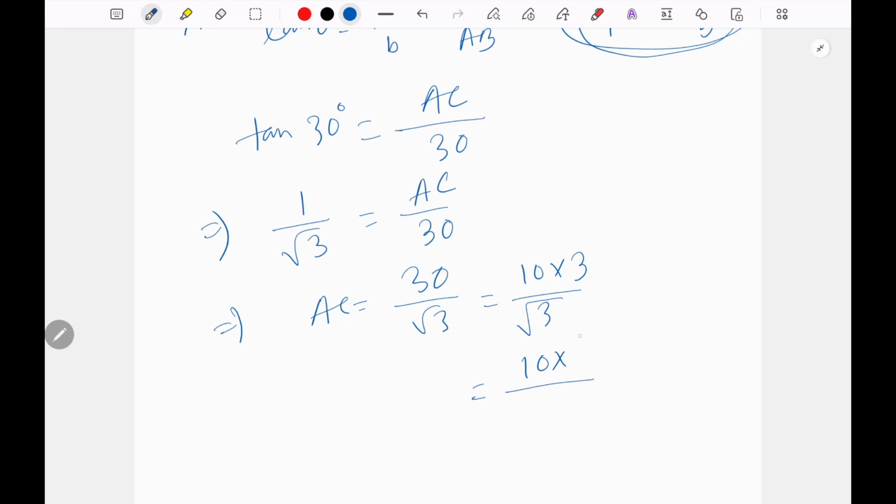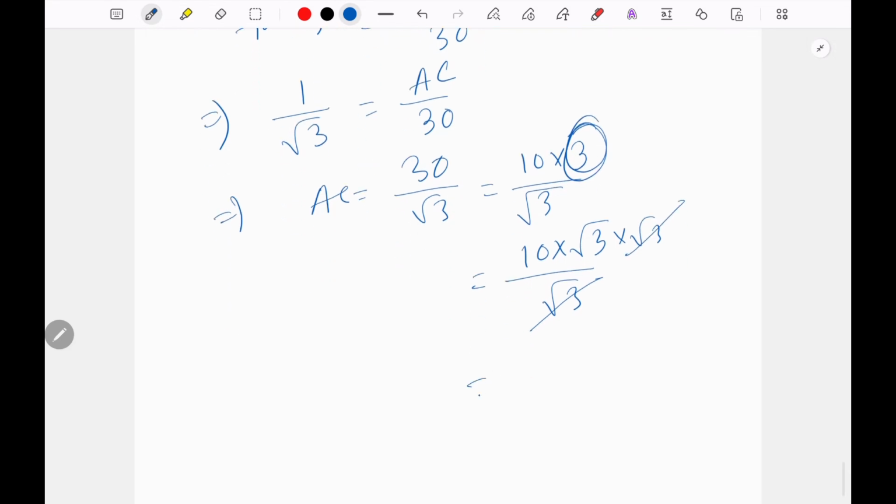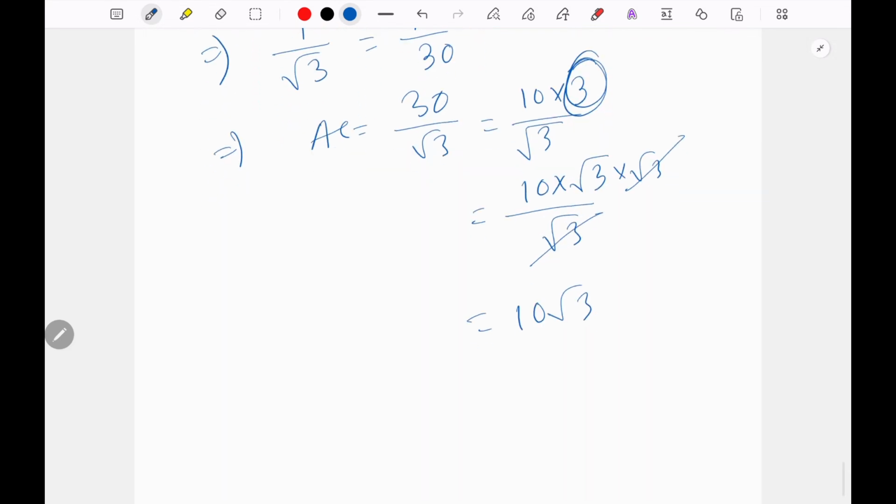Now we can write this 3 as root 3 into root 3, divided by root 3. Why have we written this 3 as root 3 into root 3? So that we can cancel this root 3 with one of these root 3. So the final answer is 10 root 3. Therefore the height of the tower is 10 root 3 meter. So that's the solution of this question.